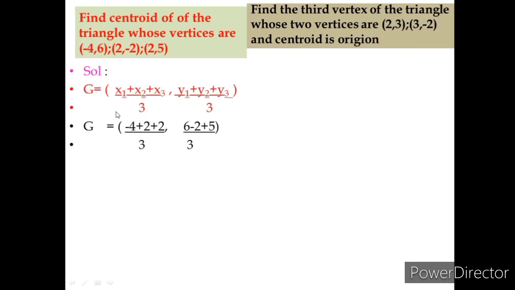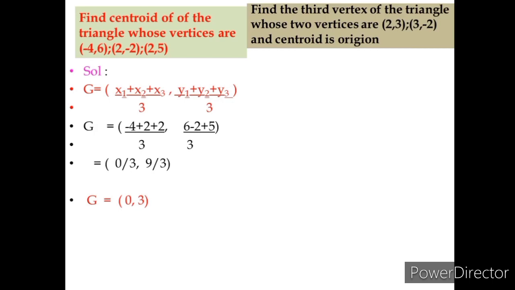Now here x1 is minus 4, x2 is 2, x3 is 2, y1 is 6, y2 is minus 2, y3 is 5, by 3 here, by 3 here. You have to calculate: minus 4 plus 2 plus 2, minus 4 plus 4 becomes 0, by 3. Here 6 minus 2 is 4, 4 plus 5 is 9. 0 by 3 is 0, 9 by 3 is 3. Therefore the centroid is 0 comma 3.